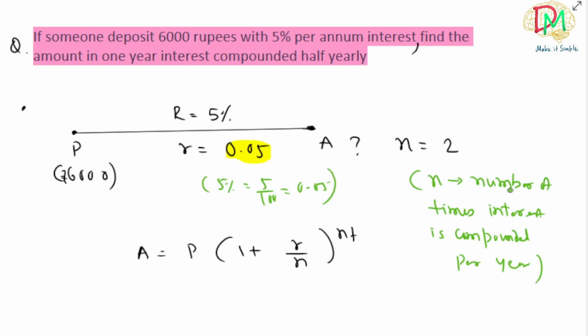Because n is the number of times interest is compounded per year, and here it is compounded half yearly. So every 6 months, the interest accumulated, and again for the next half year interest is paid on this principal amount, correct?